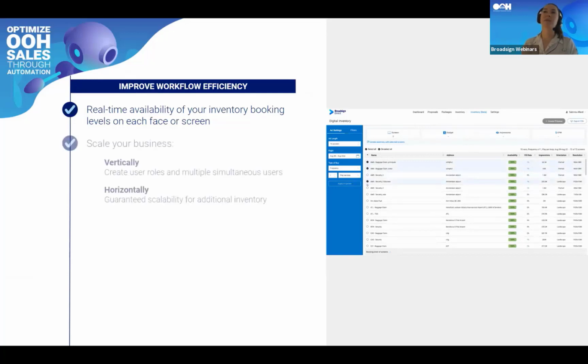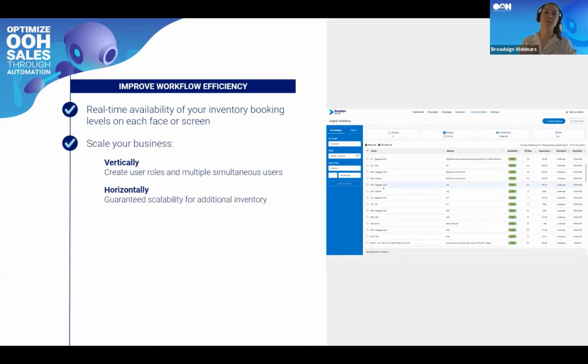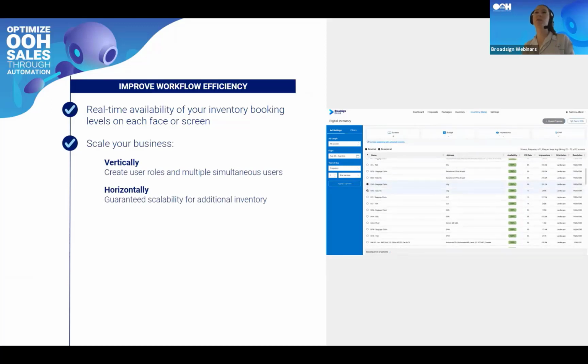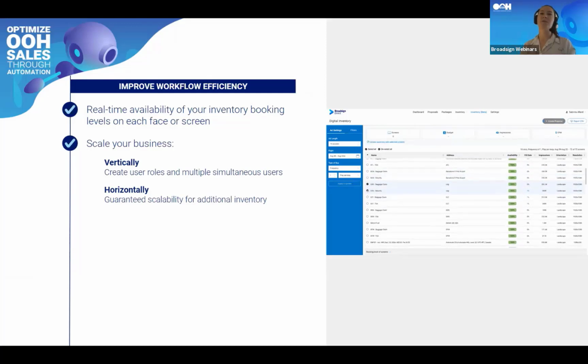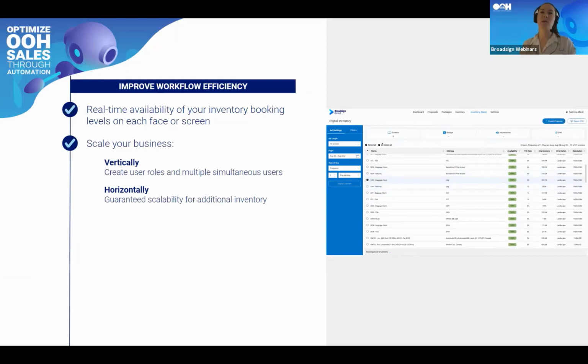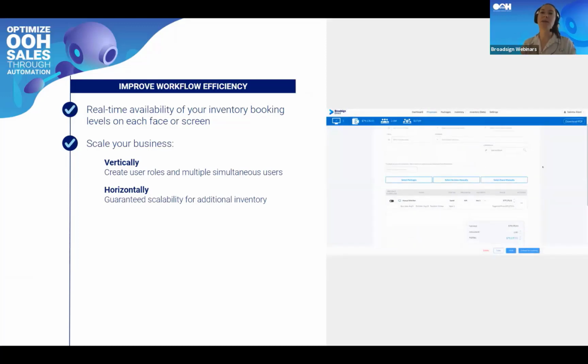We're also able to scale vertically with different simultaneous users with different user roles, so that you can allow users to access certain parts of the software according to their job. Salespeople usually are not going to be accessing the same pages as your back office employees.